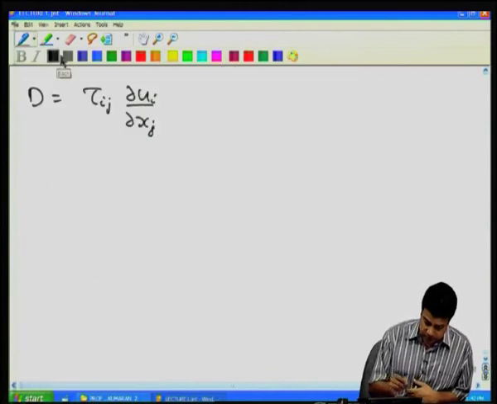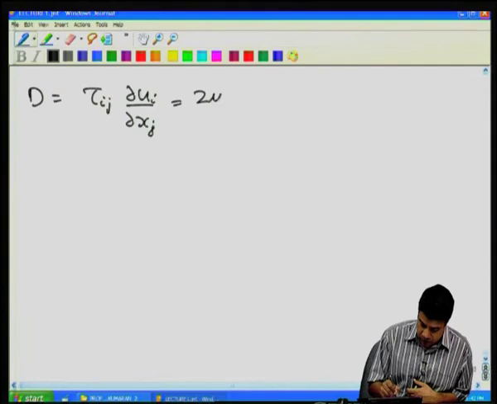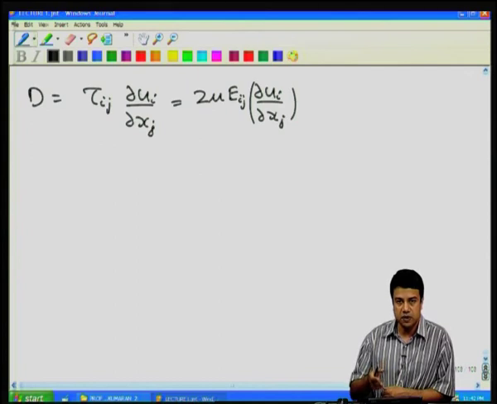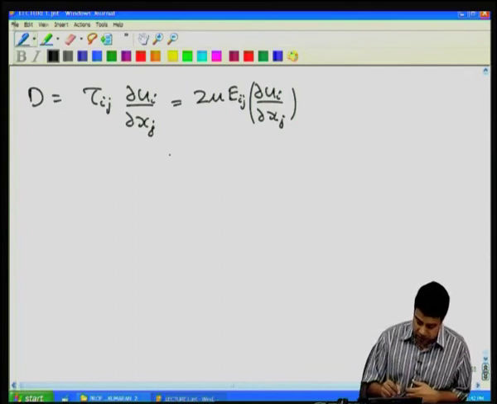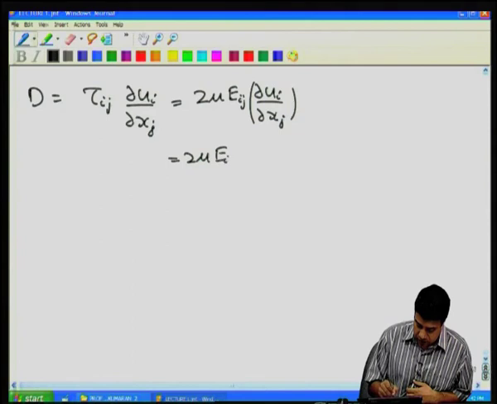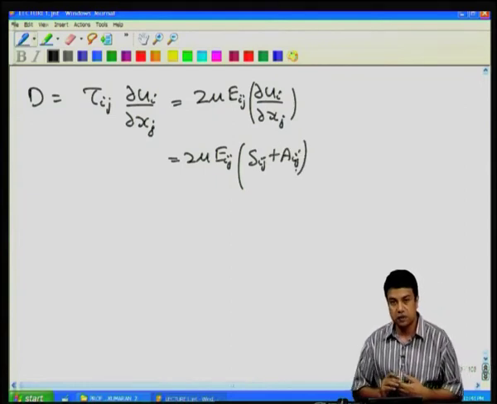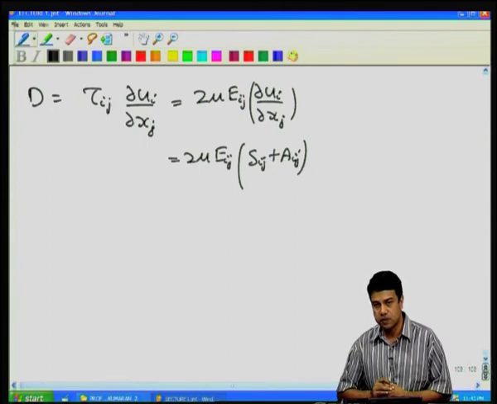If I expand out this term, you will see that this is equal to 2 mu E_ij times partial u_i by partial x_j. E_ij is a symmetric traceless tensor. Therefore, when I multiply E_ij times partial u_i by partial x_j, this partial u_i by partial x_j is given by the sum of the symmetric plus the antisymmetric part. The rate of deformation tensor can be separated into symmetric plus antisymmetric part.